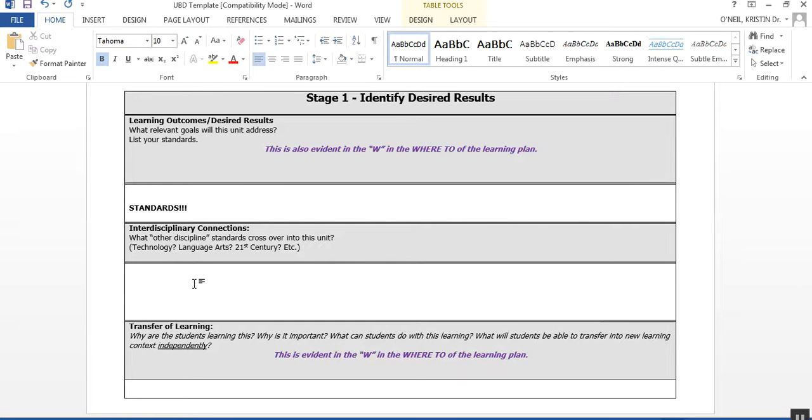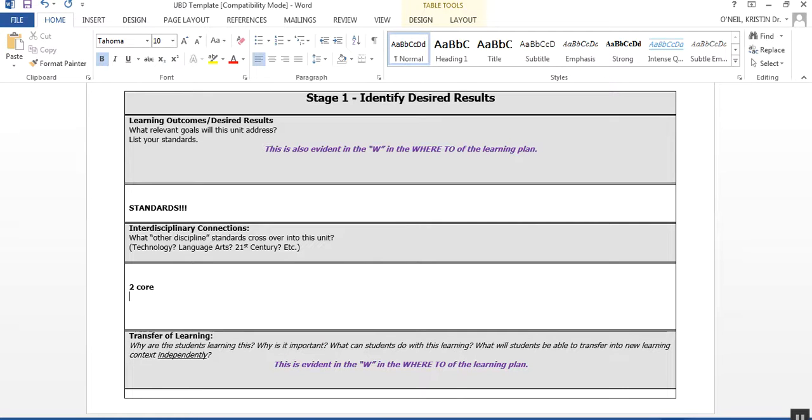When you develop your UBD unit for your research project that you're reading and working on right now, you will actually be required to have 2 core standards and 2 interdisciplinary standards. So if I'm teaching language arts, I'm going to have 2 ELA standards, and then I most likely will have a tech standard and perhaps a social studies standard.